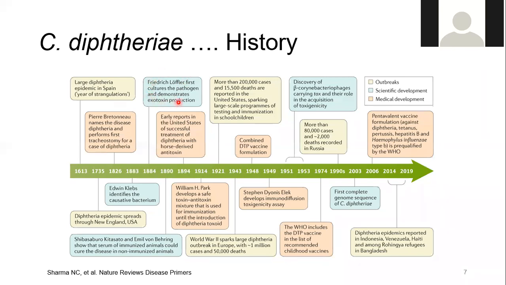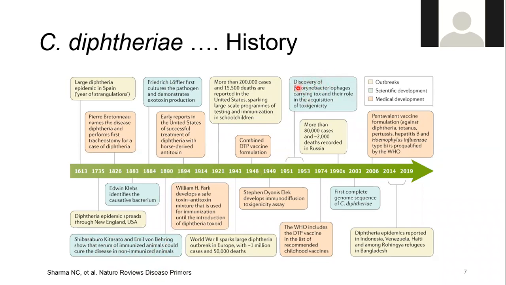It was first cultured, with demonstration of exotoxin production, a year later by Friedrich Loeffler, who came up with one of the important culture media used for identification. Then sera and vaccination discoveries took place in 1890.